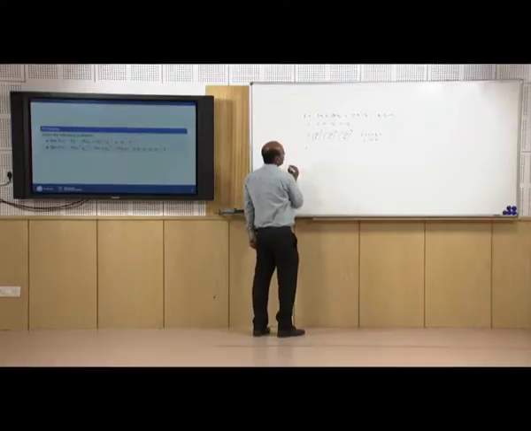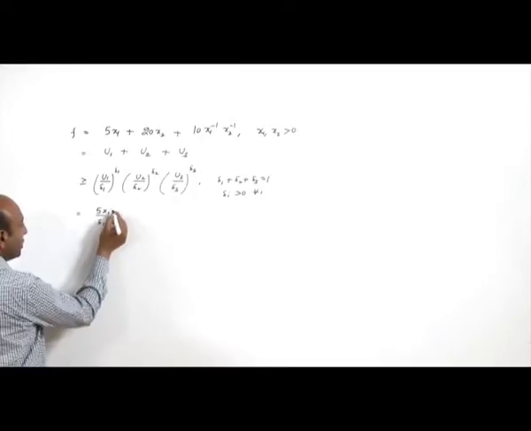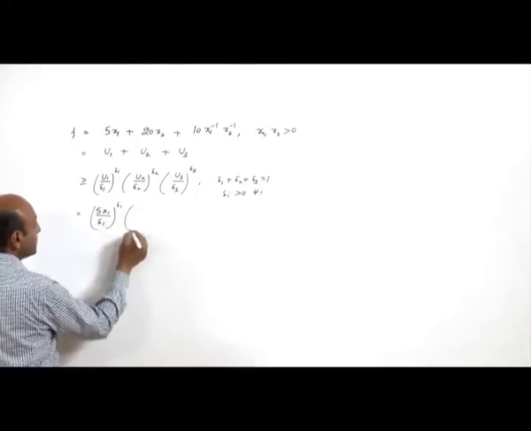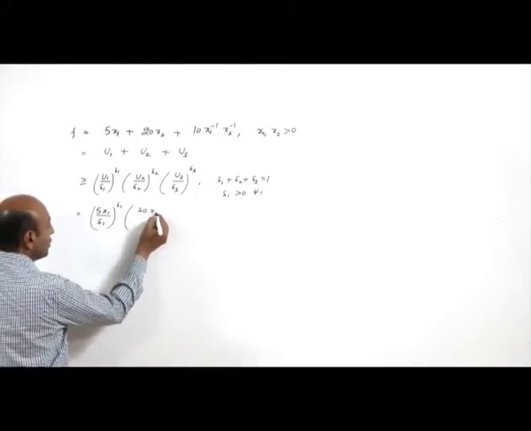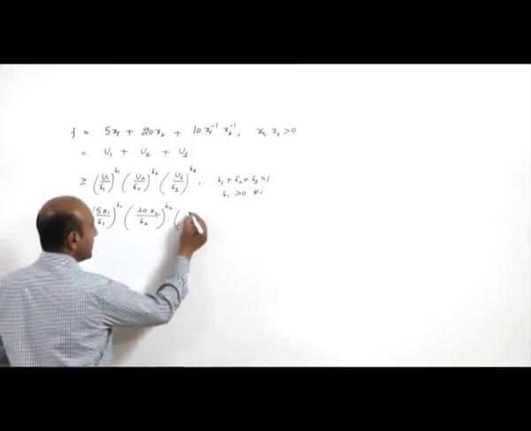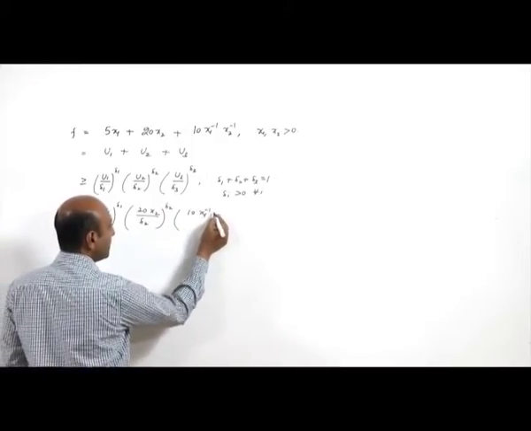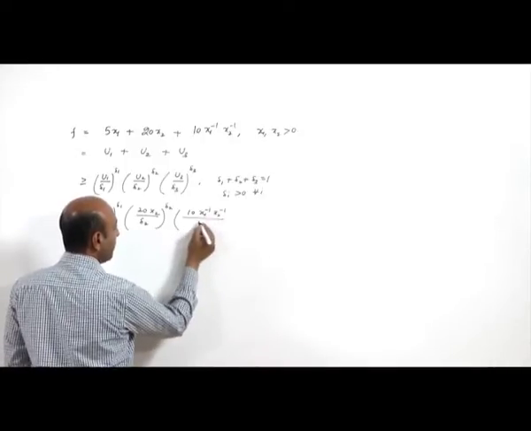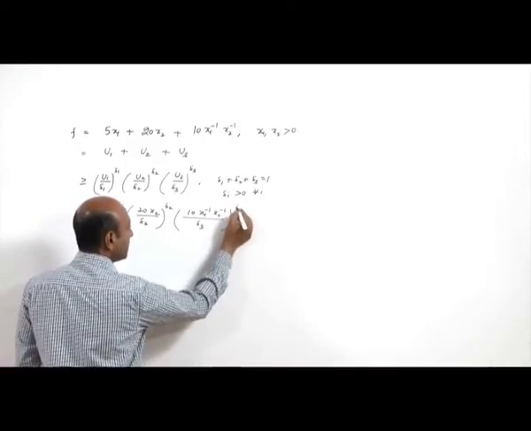Now, u1 is (5 x1 upon delta 1) whole raised to power delta 1. u2 is (20 x2 upon delta 2) whole raised to power delta 2. u3 is (10 x1 raised to power minus 1 x2 raised to power minus 1 upon delta 3) whole raised to power delta 3.